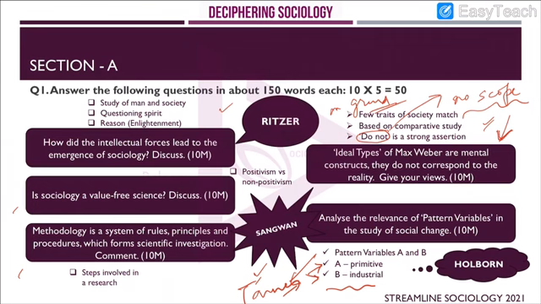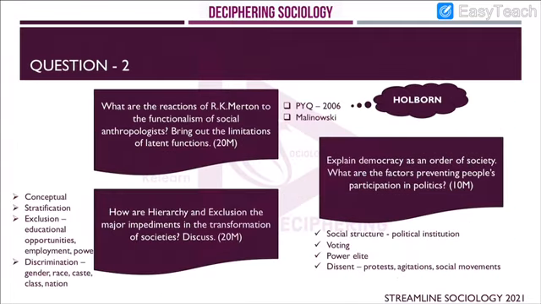But later on he understood that he could not differentiate these variables too rigidly, because some primitive societies may also have features of industrial societies and vice versa.